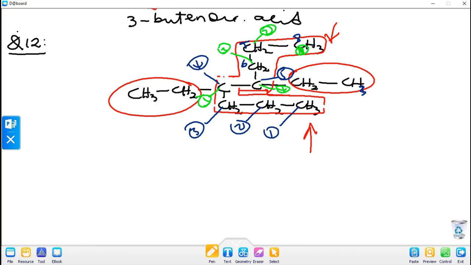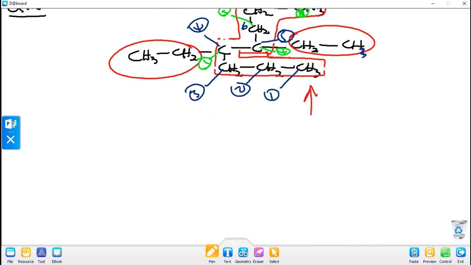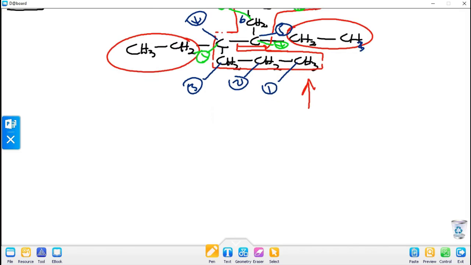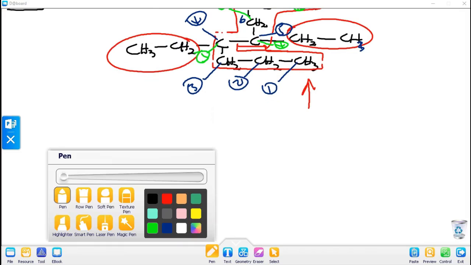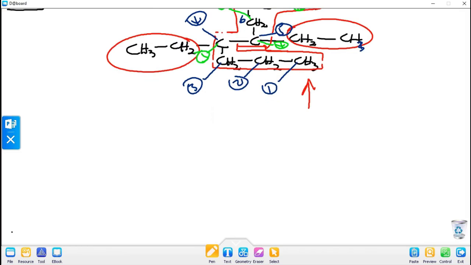So let us see how to draw that structure again and get to understand what we have just done. Still leaving the structure there, we have it as CH3, CH2, C, and then we have CH2 and CH3.